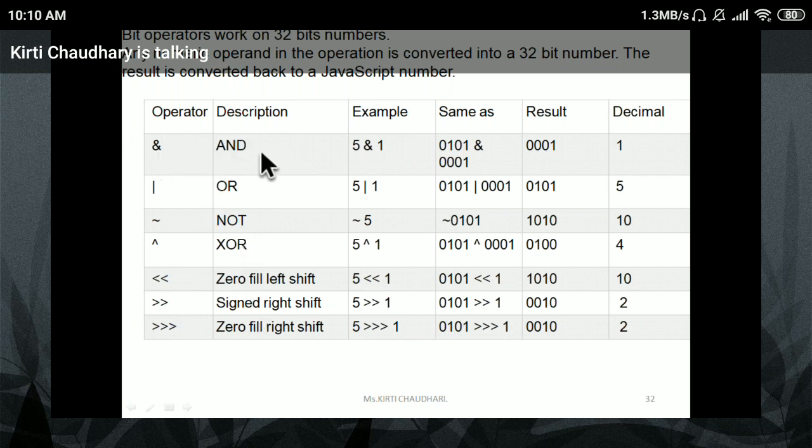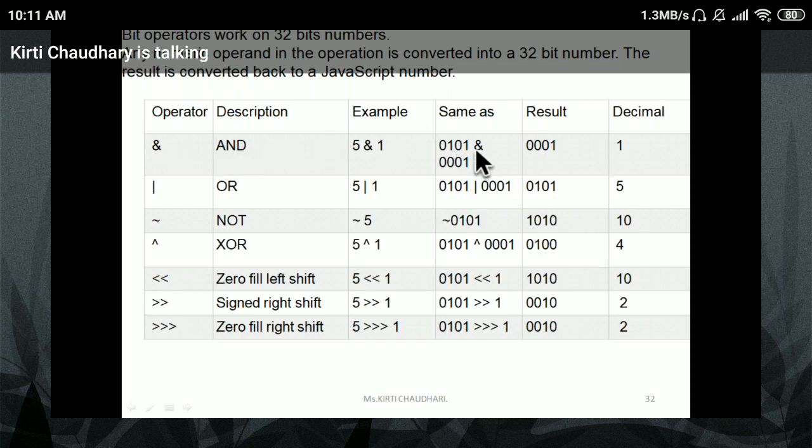First one is AND. With operands 5 and 1, how do we write 5? In binary, 5 is written as 0101, and 1 is written as 0001. And I want to do ampersand, that is AND.